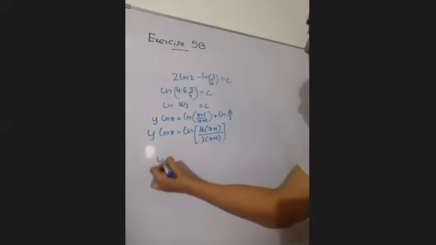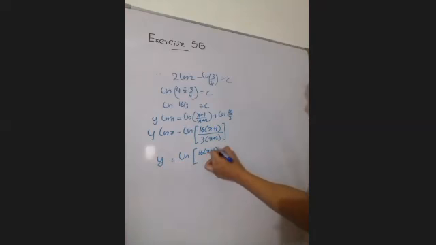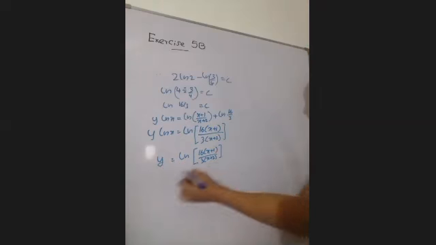Then you can write y equals to ln 16 x plus 1 over 3 x plus 2 divided by ln x cubed. That's the final answer for that. Yeah, that's how to do it.